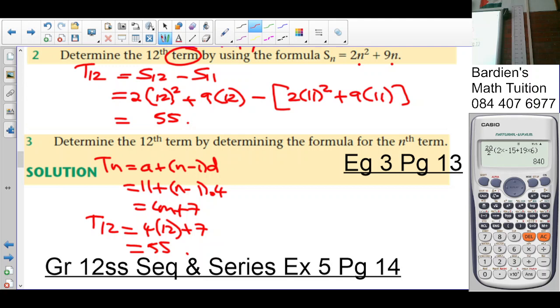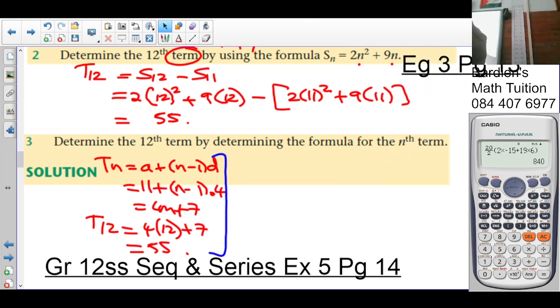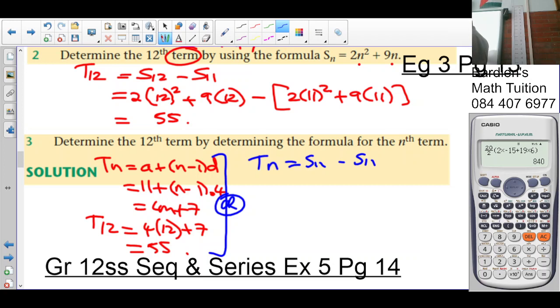Not so. But there's another way of doing it. Say for argument's sake we didn't work out the first three terms. Then we know that the general term is also equal to... how do we work out Tn? Tn is also equal to Sn minus Sn minus 1.